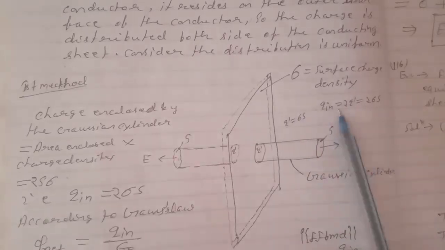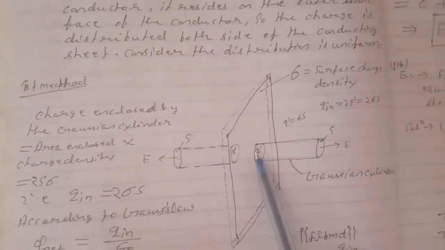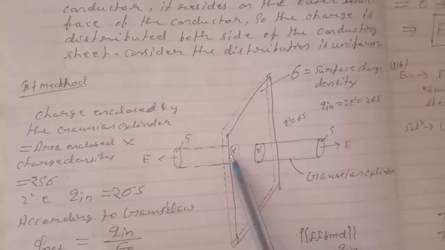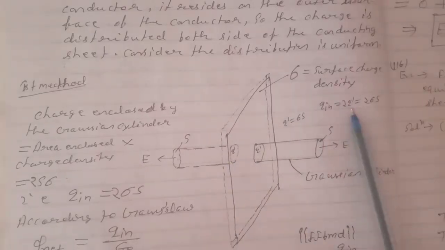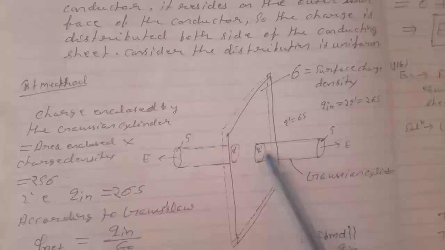Here Q enclosed will be 2 into Q dash because the charge is distributed on both sides. From this side it is Q dash, and because the cross-sectional area is the same, it will be Q dash from this side also. So Q in will be 2 Q dash, equal to 2 sigma into S, because this area is given as S. If this area is S, then this cross-sectional area will also be S.